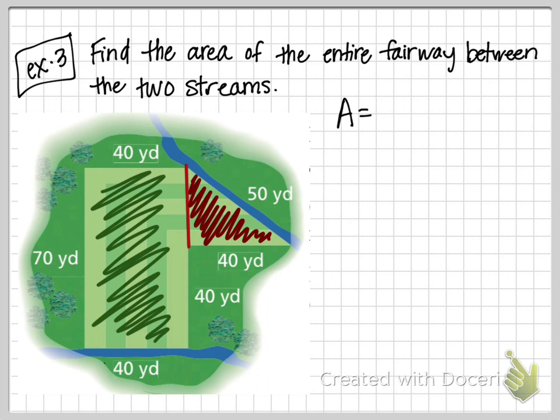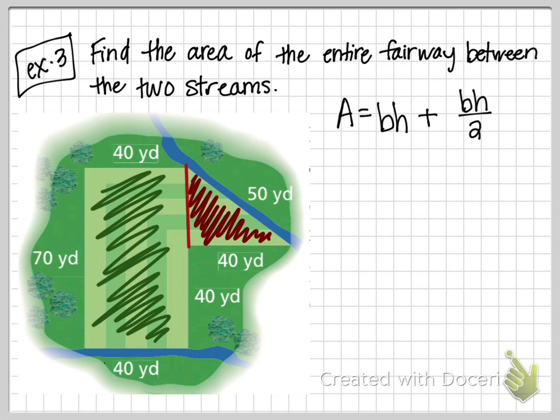Let's start by indicating that the entire area would have to be the area of a rectangle or a parallelogram. How do we find that? What's the area of a rectangle or parallelogram, Kennedy? Base times height. And we're going to add the area of the triangle. How do we find the area of a triangle, Sam? Base times height divided by 2. Good.